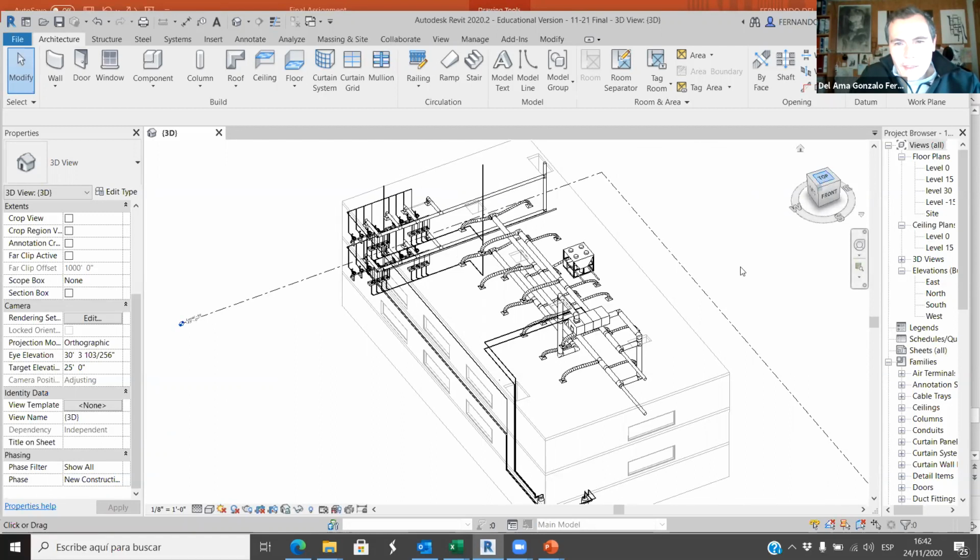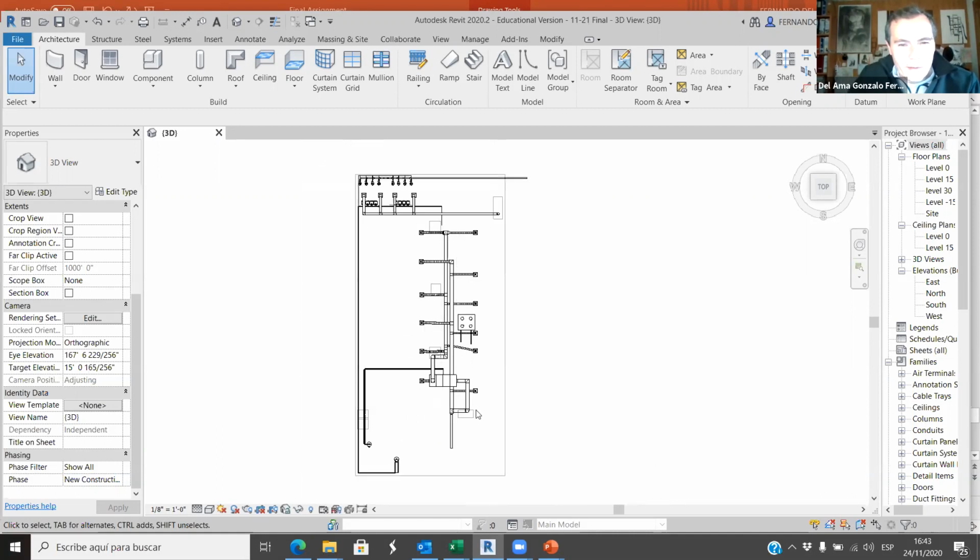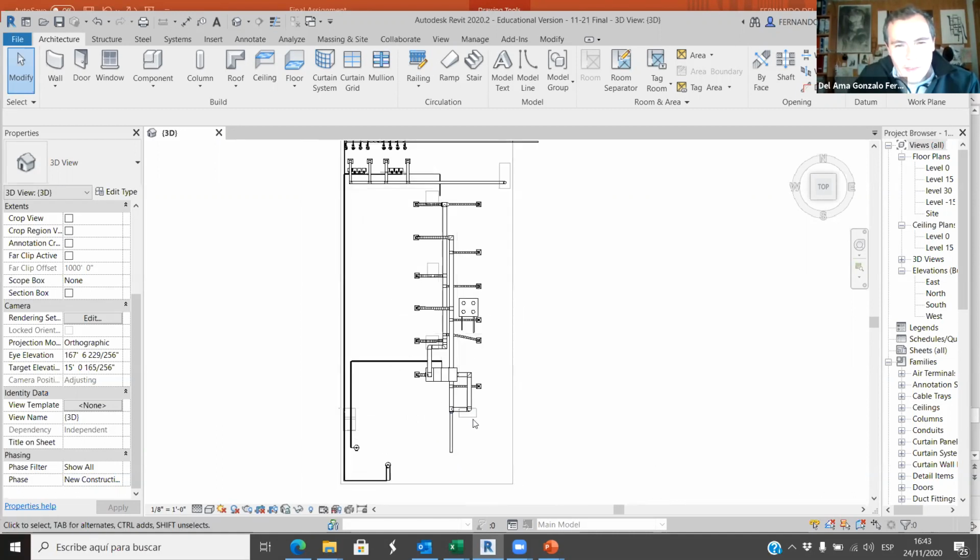Okay, so I think if we are dividing this into 4 parts, that would be enough. We have a shaft here, and then we have two shafts there.